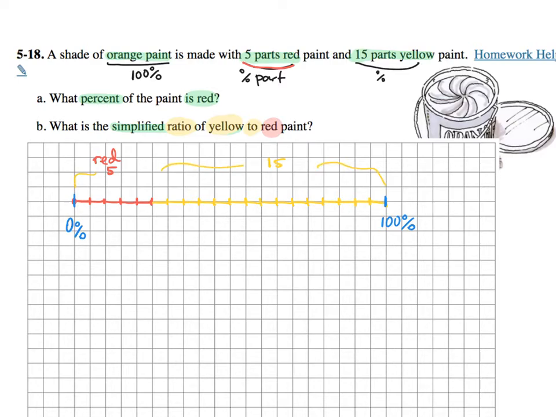So our number line is divided into 20 total parts to represent 100%. Let's write that down: 20 parts make one whole, and one whole is called 100%.